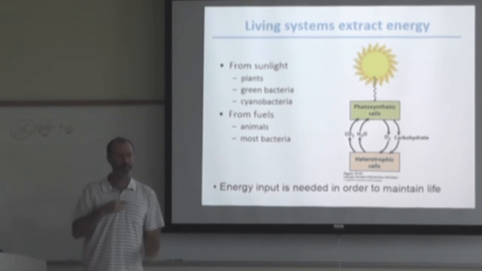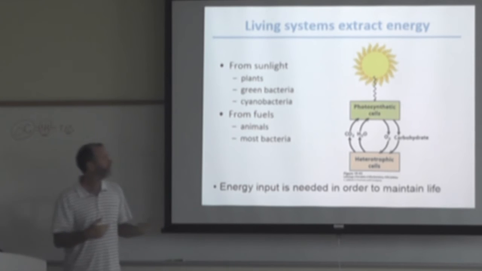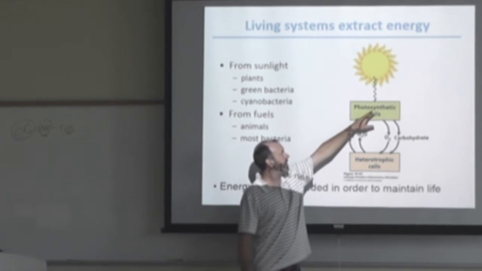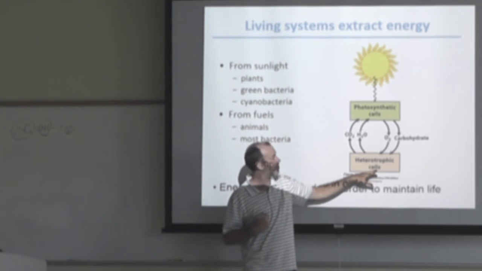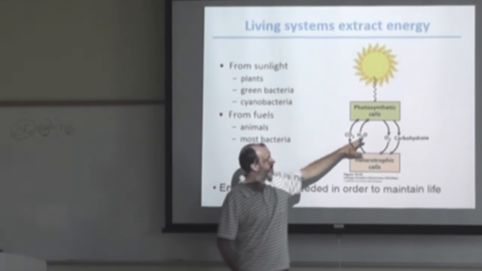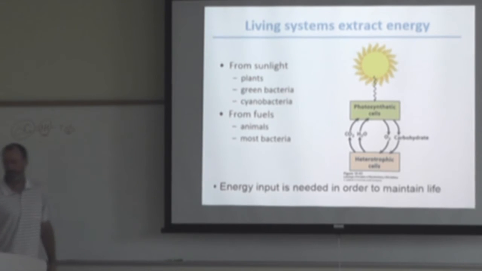We just extract it from the food we eat. It had previously, for the most part, come from the sun. So we have this cycle where the photosynthetic cells capture the energy, produce chemical energy that we then consume as heterotrophic cells, and then release carbon dioxide and water again, and they turn that into oxygen and sugar or fat.